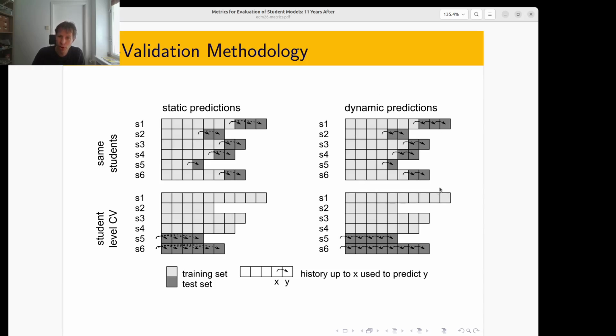This corresponds more closely to practical applications, so one can argue that this is the more natural and correct approach. However, many papers use the static approach because it makes the evaluation easier, particularly for models where the updates are computationally expensive. And again, the choice of the evaluation methodology can non-trivially influence the results, and it's important to pay attention to this aspect.